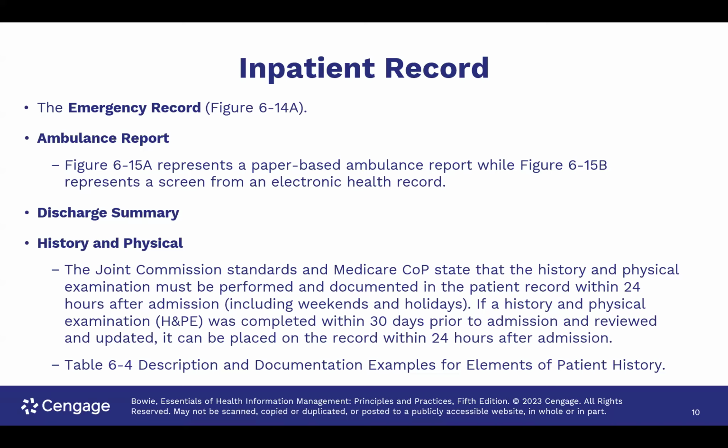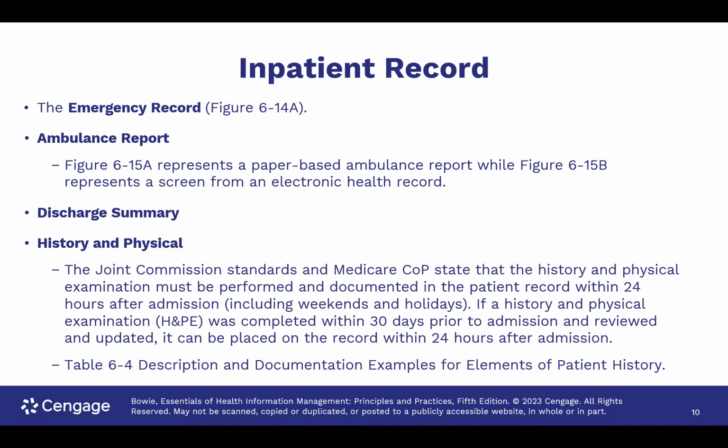The history and physical has gotten a little bit interesting. Well, Joint Commission standards and the Medicare conditions for participation state that the history and physical, normally referred to as the H&P, must be performed and documented in the patient record within 24 hours after admission, including weekends and holidays, right? Well, what happens if a patient has an elective surgery?